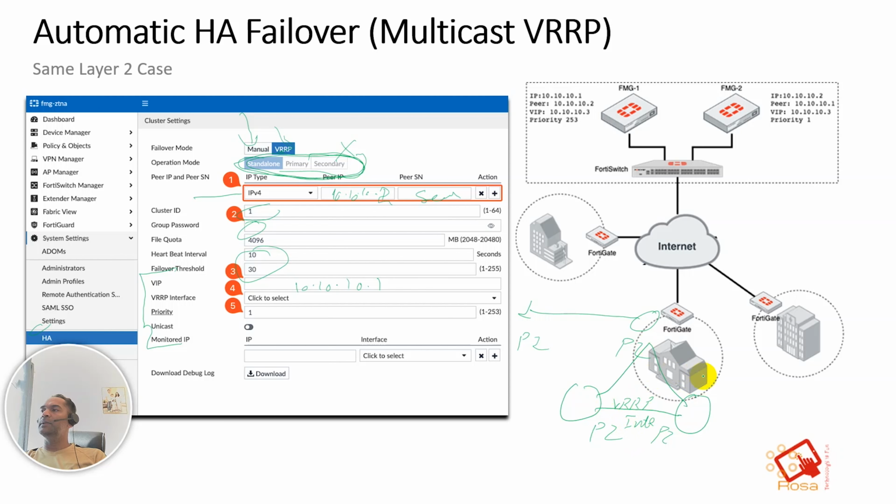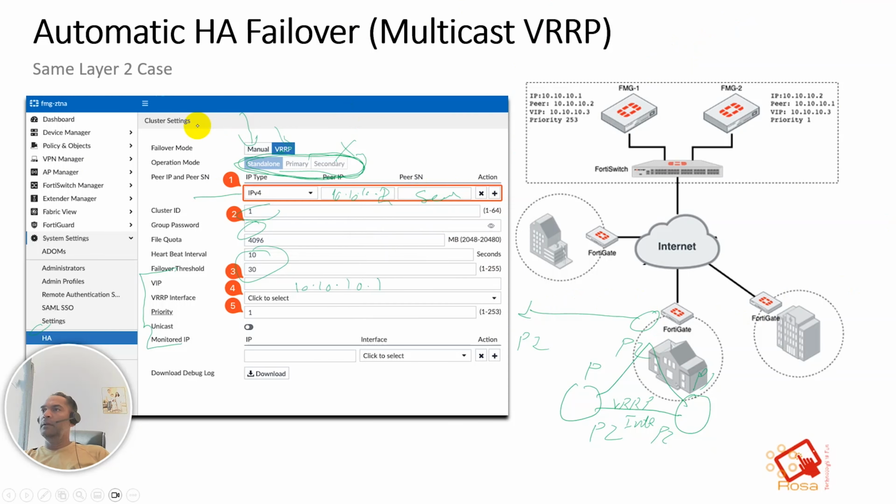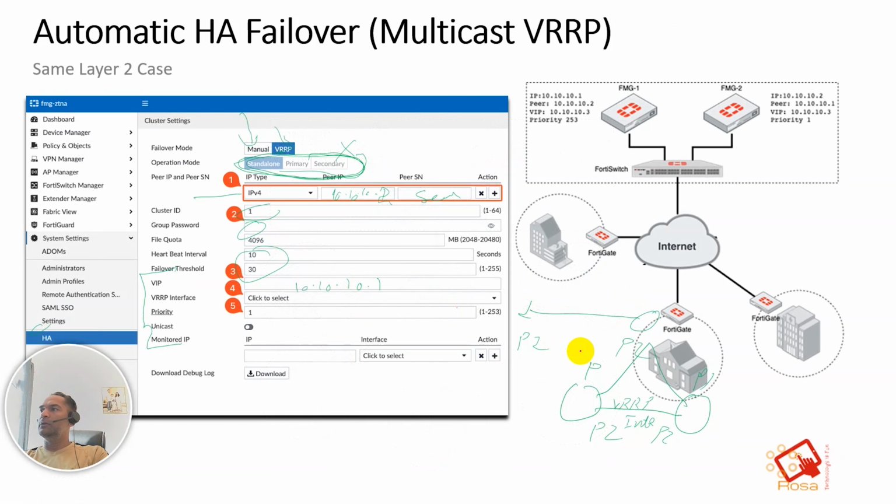VRRP interface or heartbeat. And let's say P1 is our VIP. So this interface will be the virtual IP, where I am configuring .1 and .2.